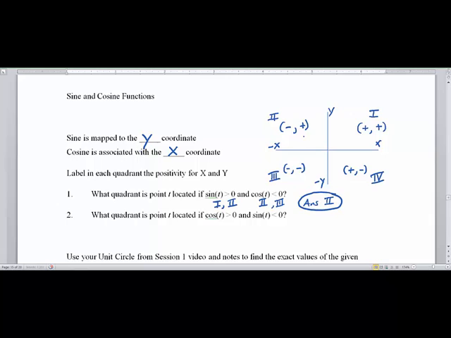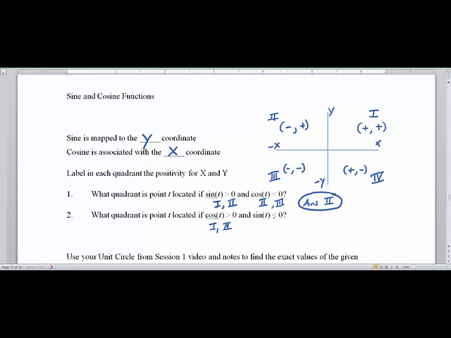And the reason why is because if I put my dot somewhere over here in the second quadrant, you can see that the sine, which is my y value, is positive, and my cosine is negative. Now here, what quadrant is point T located in if cosine T is greater than 0 and sine T is less than 0? I could look up here, but you can use process of elimination too. Cosine is positive, or the x is positive, in the first and the fourth quadrant.